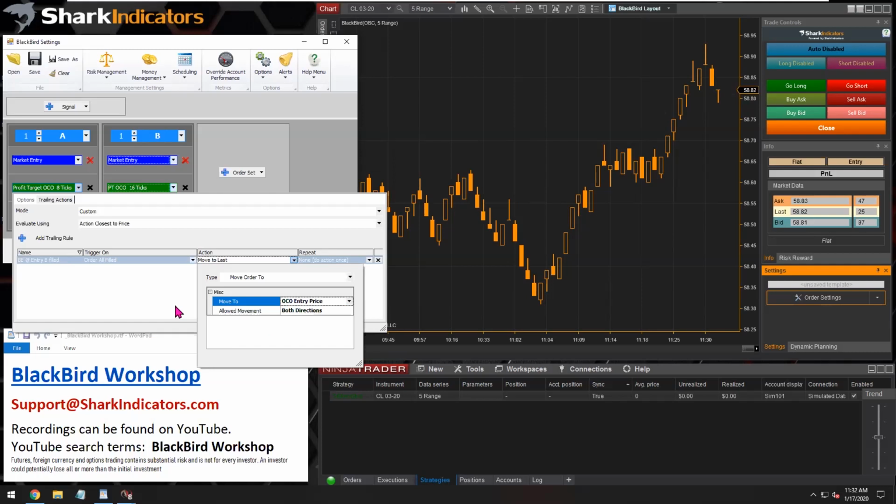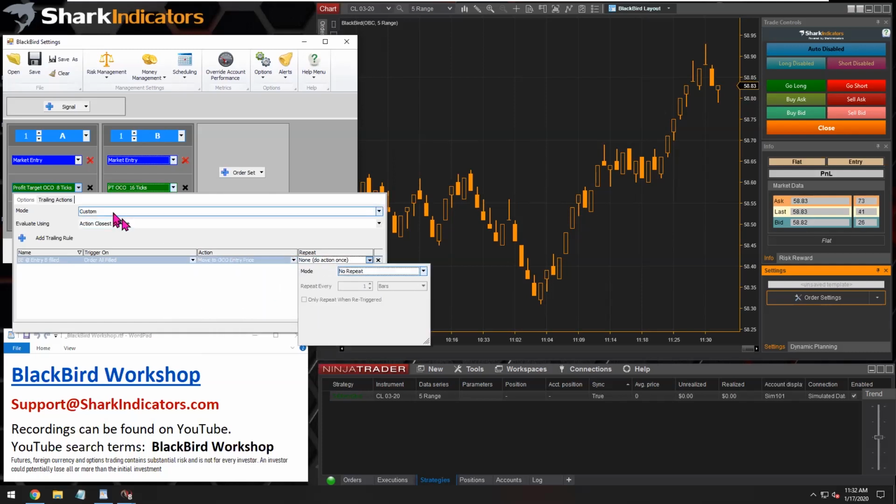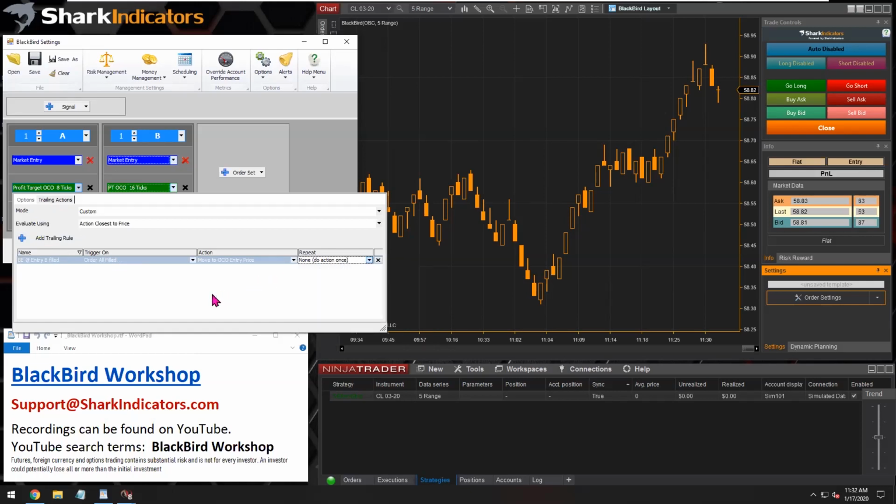We're done. And there is no repeat, right? We're only going to pull the profit target in one time. Usually the only things that ever repeat are stop losses, when you're moving a stop loss up and up and up with the trade, with the market. But if you're moving a profit target, usually that's a one-time action.